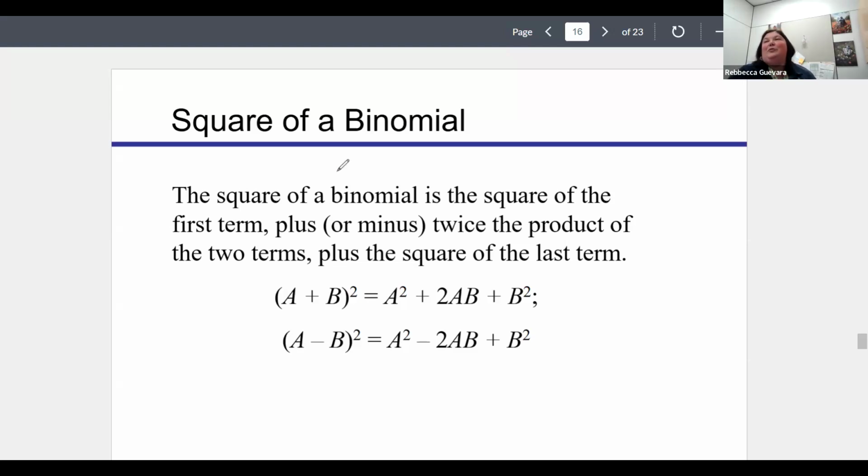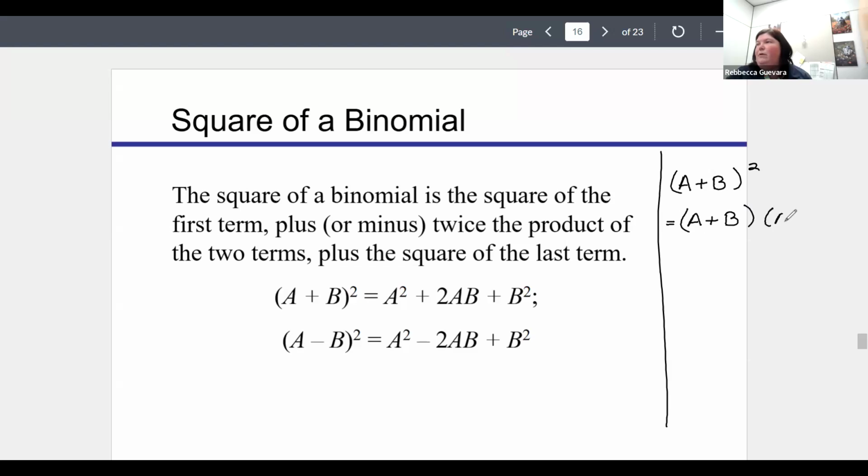So square of a binomial. If I have a binomial, a plus b, and I square it, this is a plus b times a plus b.